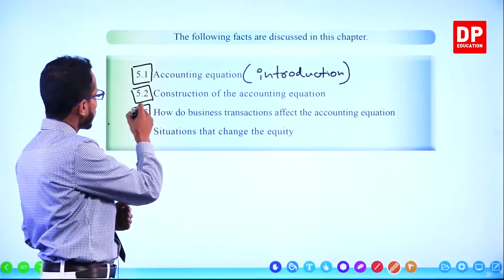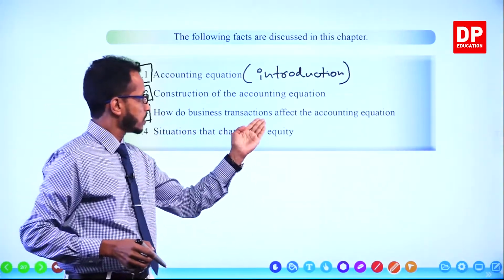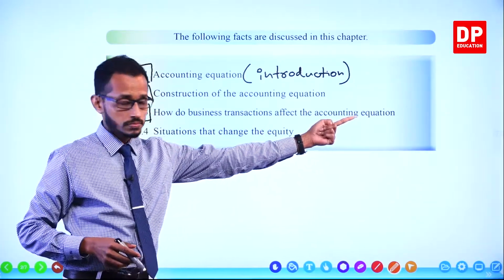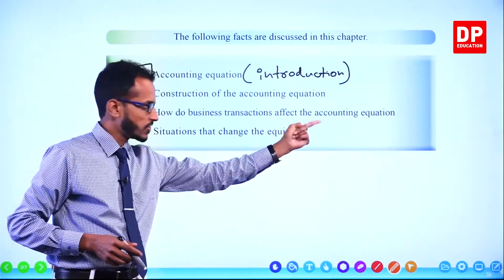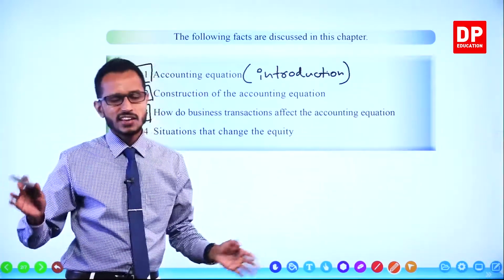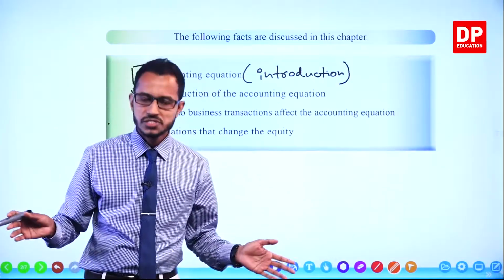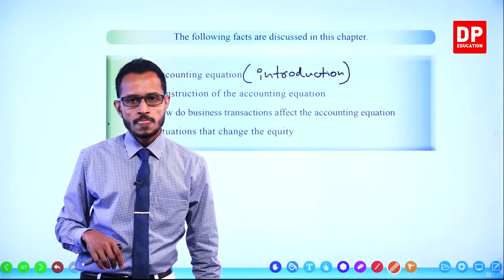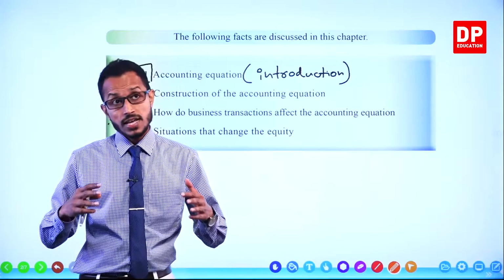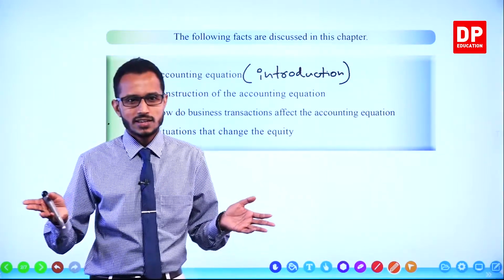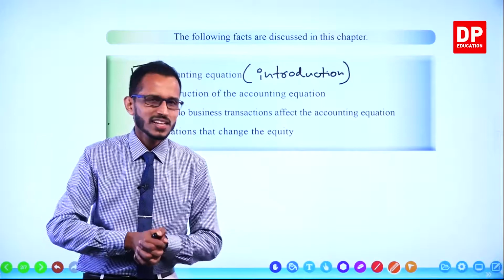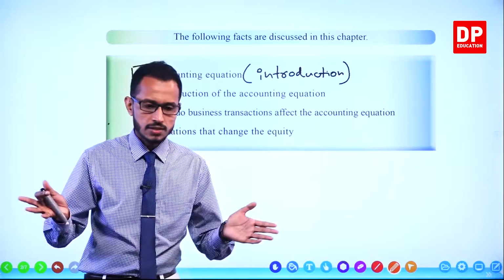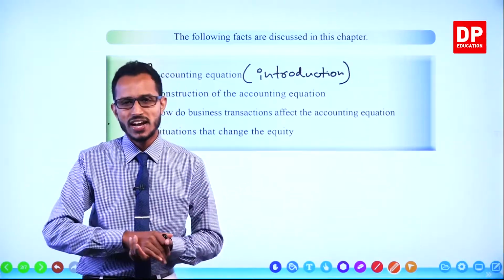And the next subtopic, 5.3, how do business transactions affect the accounting equation? Every day thousands of transactions occur in a business. There can be thousands, hundreds, or even a few transactions sometimes. It depends on the business, the crowd, the market of the area, and many factors.